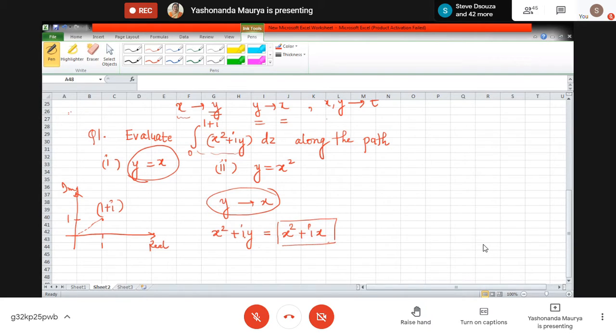Why could we do this? Because the curve of integration is y is equal to x, so we could make this change. On similar lines, for the expression dz, which is dx plus i dy, we'll replace the y term. We are given that y is equal to x, therefore dy will be the same as dx.